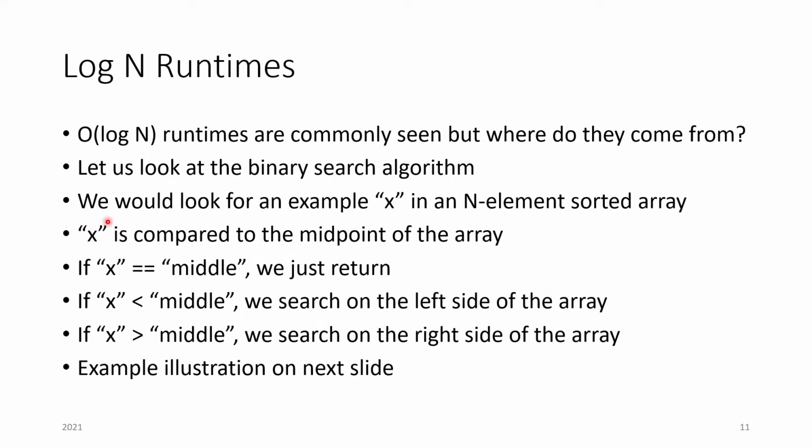This x element, being what we are searching for, is compared to the midpoint of the array. If it's the same as the midpoint, we just return that. If it's less than the middle, we search the left-hand side of the array. And if it's more than the middle, we search the right side of the array. And we keep on repeating this until we actually find this x value.